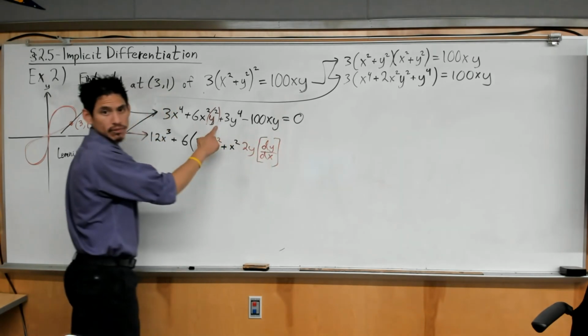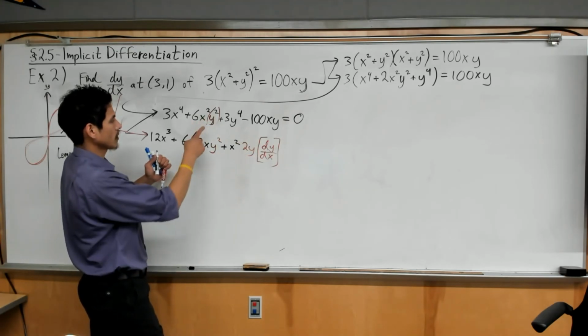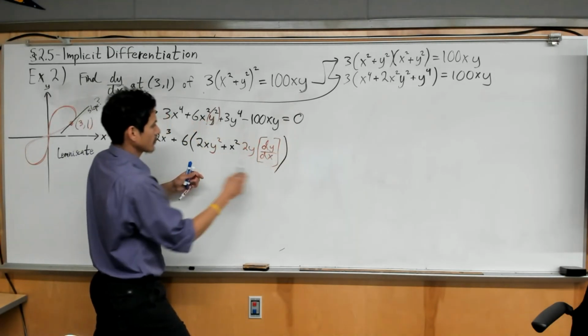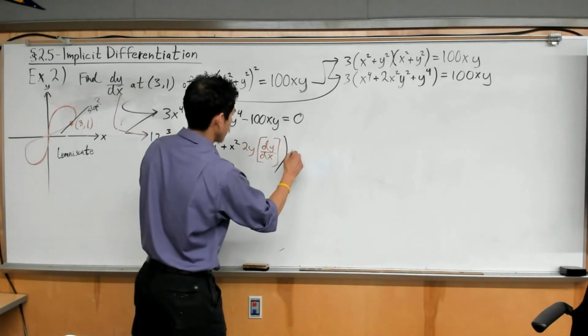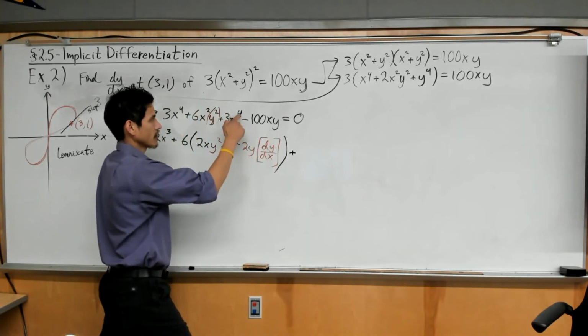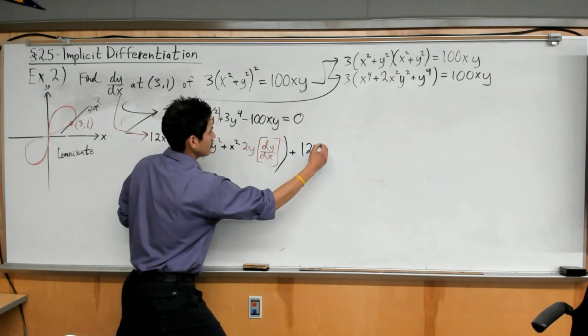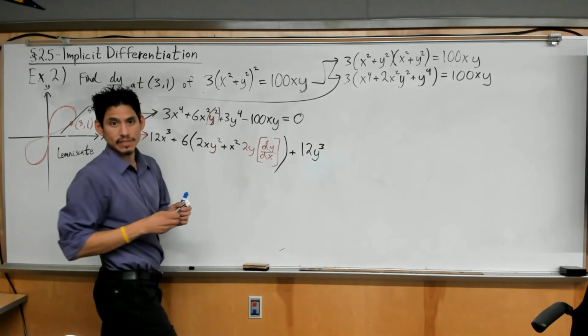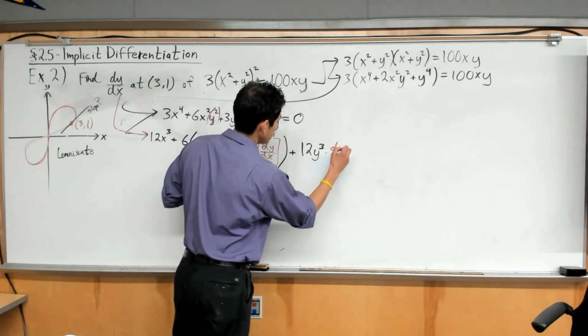Because again, when you take the derivative of a y term, multiply by dy/dx. This closes the parentheses. Here we got another one. Take the derivative of 3y to the fourth using power rule, 12y cubed, multiply by dy/dx.